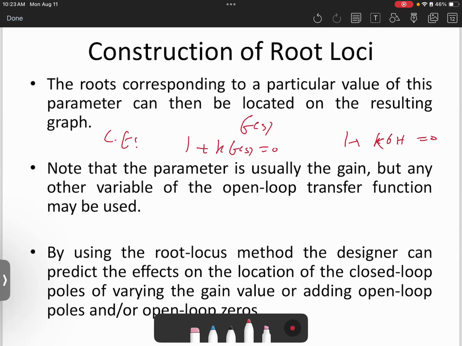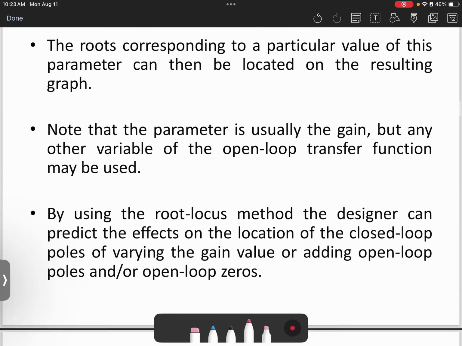Basically, the poles start from k equals 0, where the system is at the open loop poles. After that, they move toward the closed loop poles.